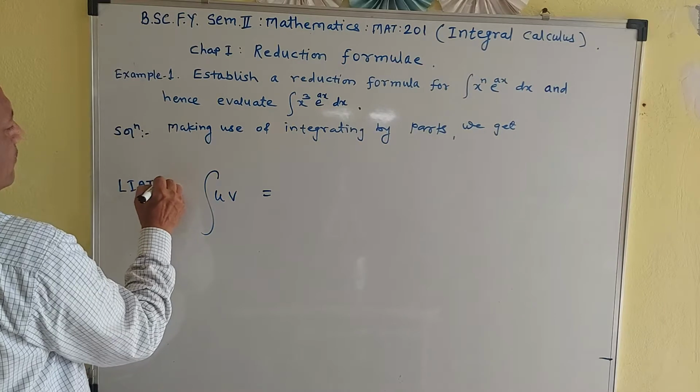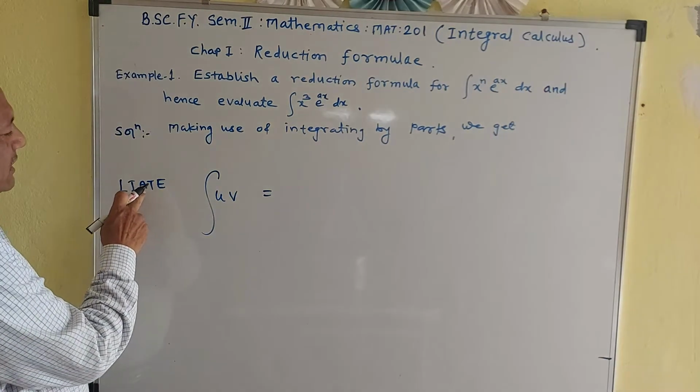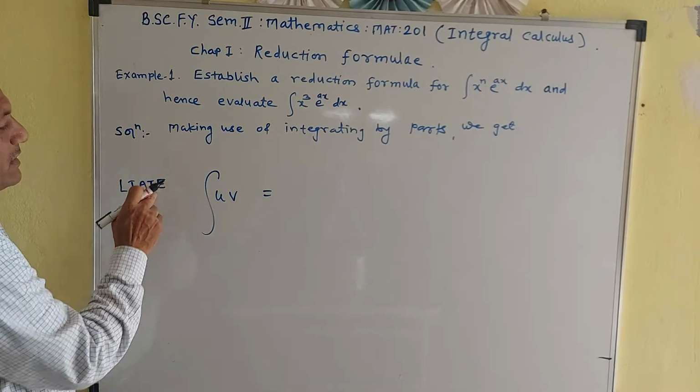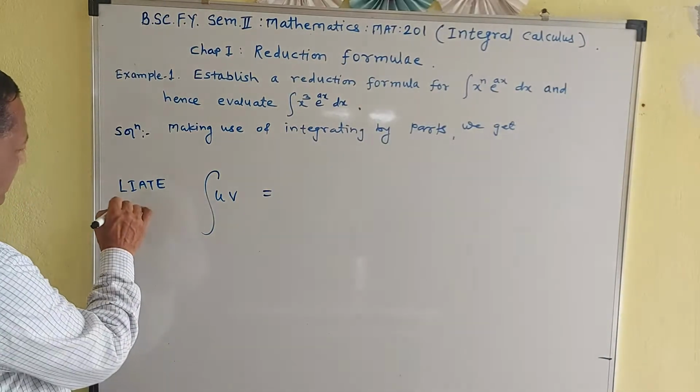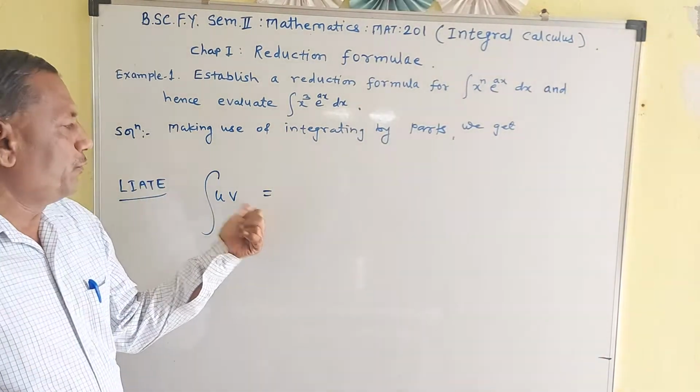LIATE rule. What is L? L is the logarithmic function, I means inverse function, A means algebraic function, T means trigonometric function, and E means exponential function. Using this, you choose which is the first function from u and v.